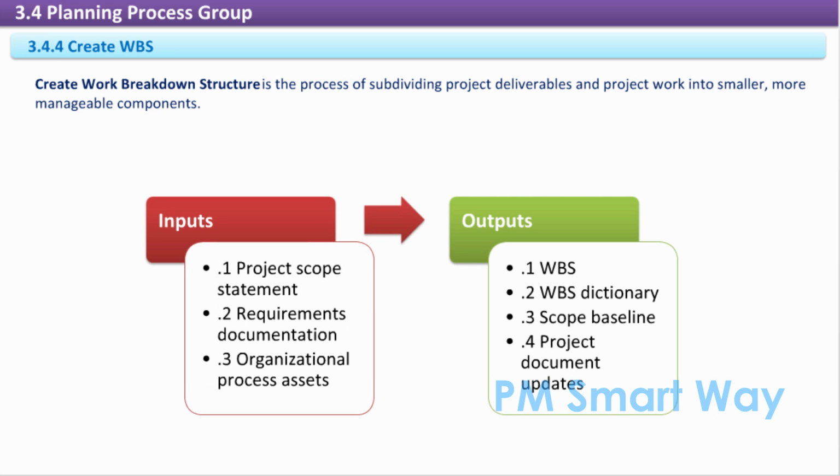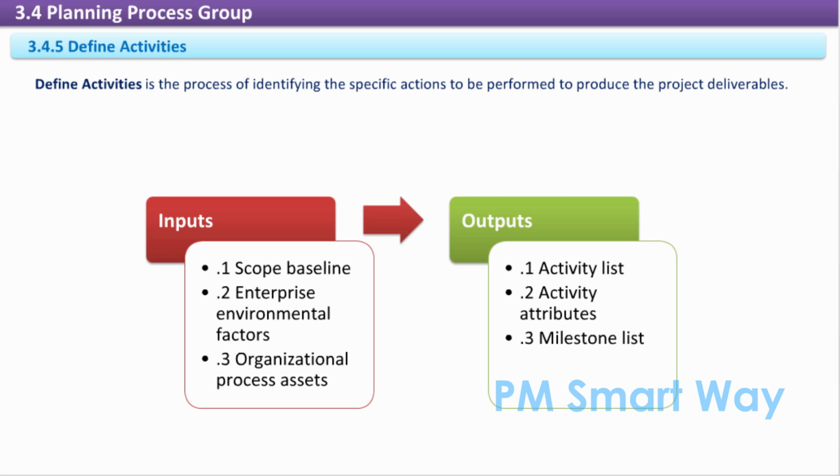Create WBS. Create work breakdown structure is the process of subdividing project deliverables and project work into smaller, more manageable components. Define activities. Define activities is the process of identifying the specific actions to be performed to produce the project deliverables.